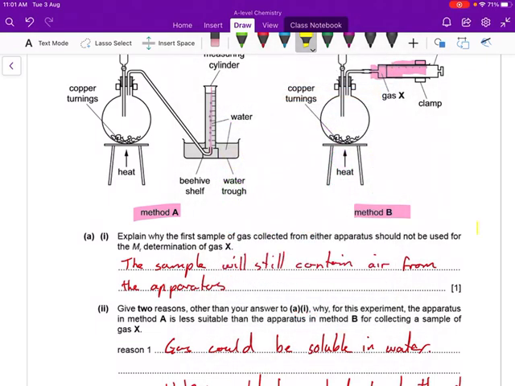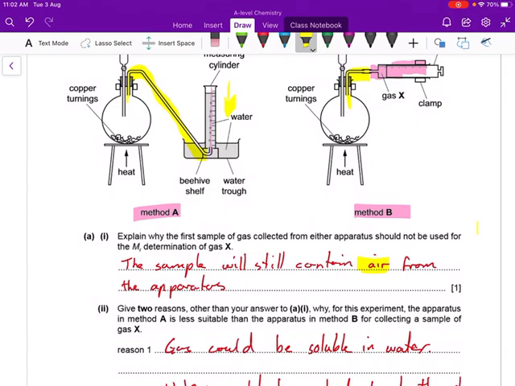You can't just say, well, there might be something in the tube, or there might be another gas in there. What other gas would it be? Well, there will be air in there. So that's why we don't take the first sample, because there's air in this delivery tube, pushing out, first of all, a downwards displacement of water, or pushing out the syringe. So think about that, for instance.